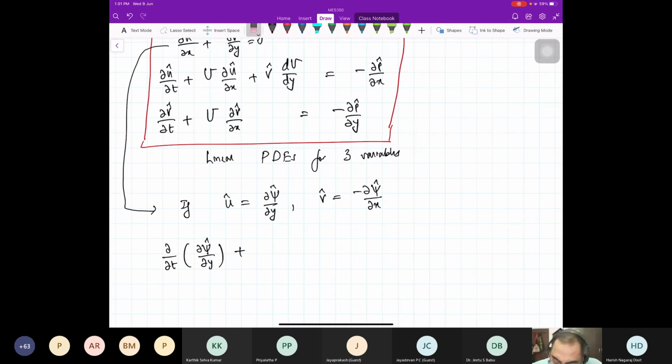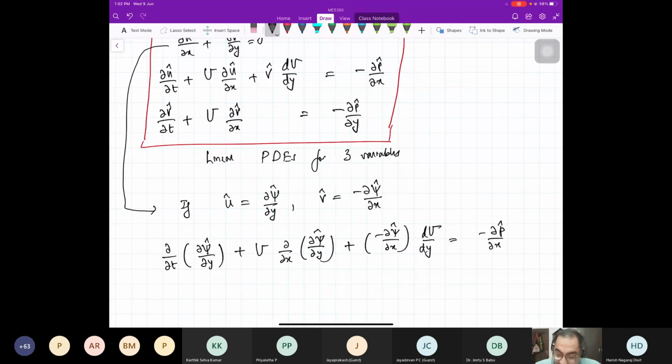Capital U ∂/∂x of u, that is ∂psi/∂y, plus v. v is minus ∂psi/∂x, dU/dy, is equal to minus ∂p hat/∂x.